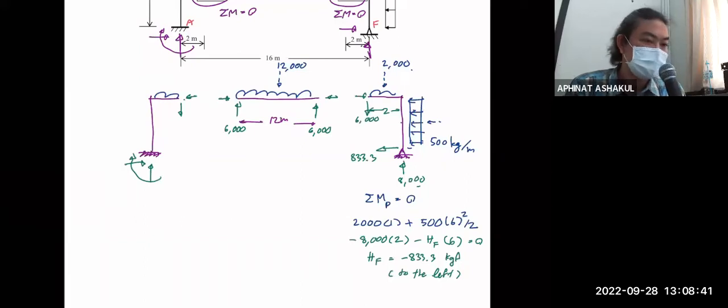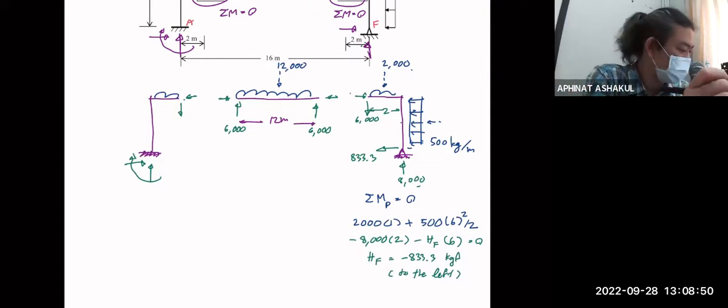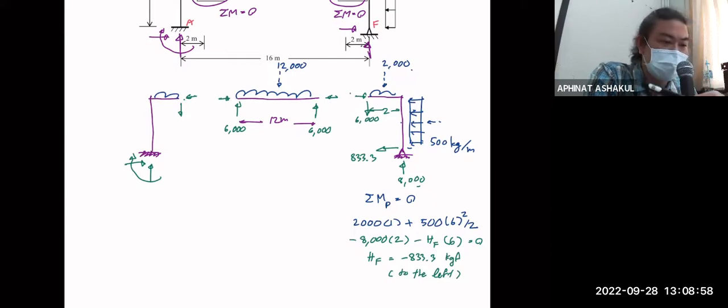And now I think when you've come this far, you will be able to use your sigma Fx equal to 0 and obtain this force. Okay, and the total force here is 500 multiplied by 6, so that's 3,000. And this is going to the left, so funny how that one is greater, so just add them up. So it's 3833. Okay, and then it gets transferred here as well, 3833.